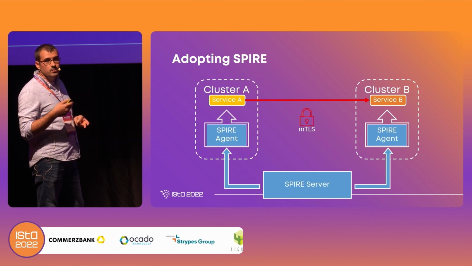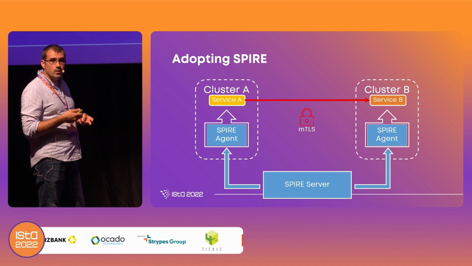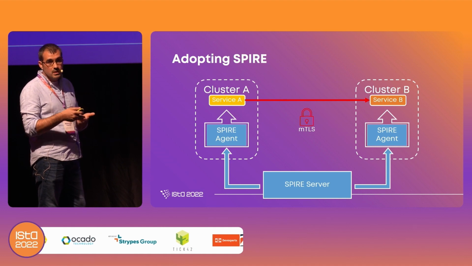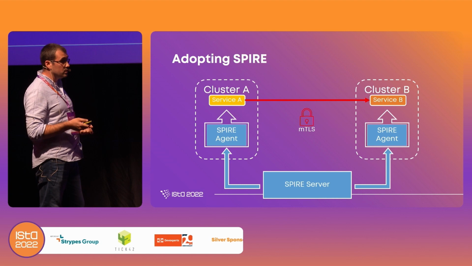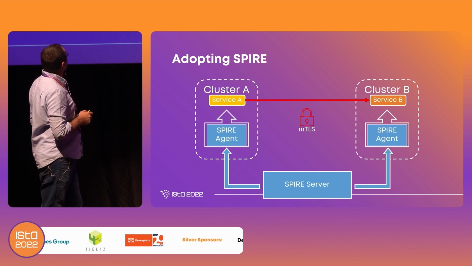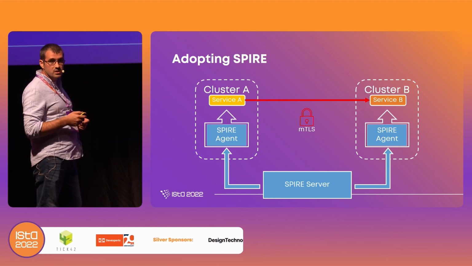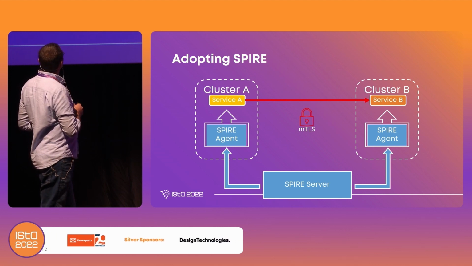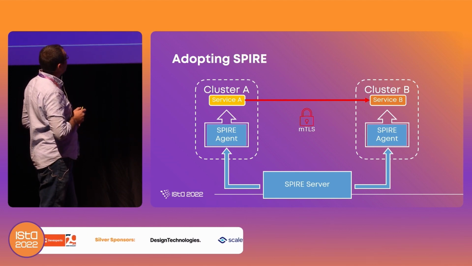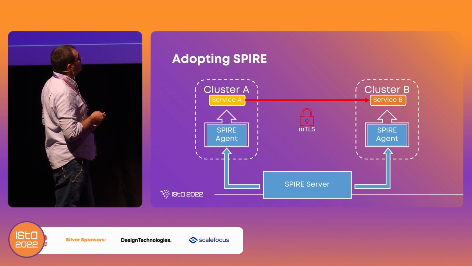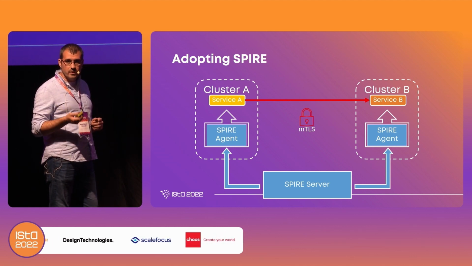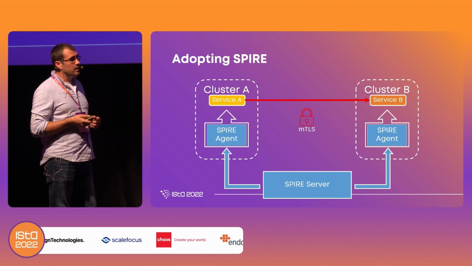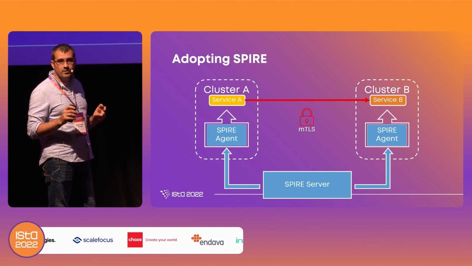Also, I will say, for example, the service account, the namespace, the pod image, maybe the SHA checksum of the image that actually represents the service and is going to run. And then, at runtime, when the solution is deployed, service A can reach out to the SPIRE agent, as well as service B, and it will go through the process of attestation. They will be verified, and they will be given a digital document.